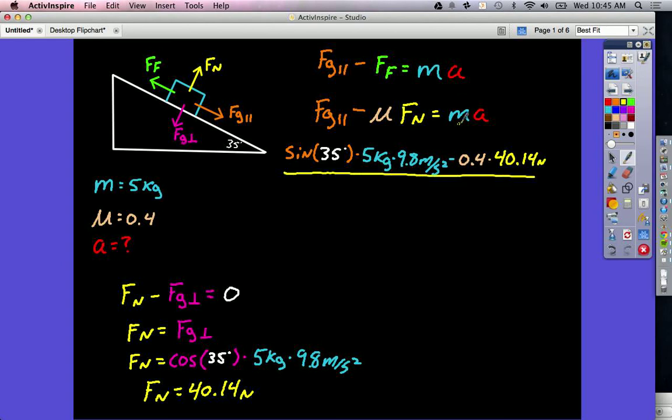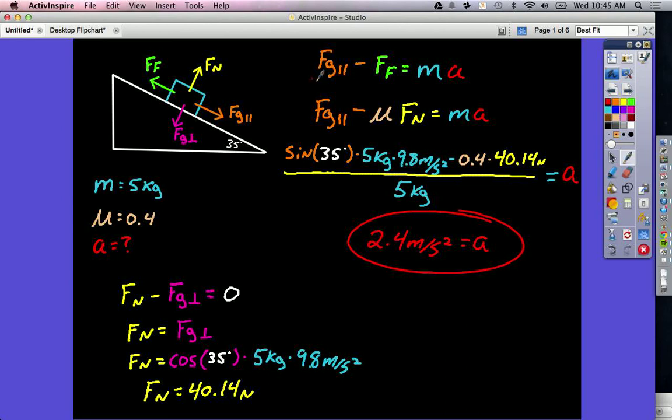I'm going to divide this by the mass over here, which is 5 kilograms, and all of that equals the acceleration. When we plug all that into our calculator, we get an answer of 2.4 meters per second squared for acceleration.